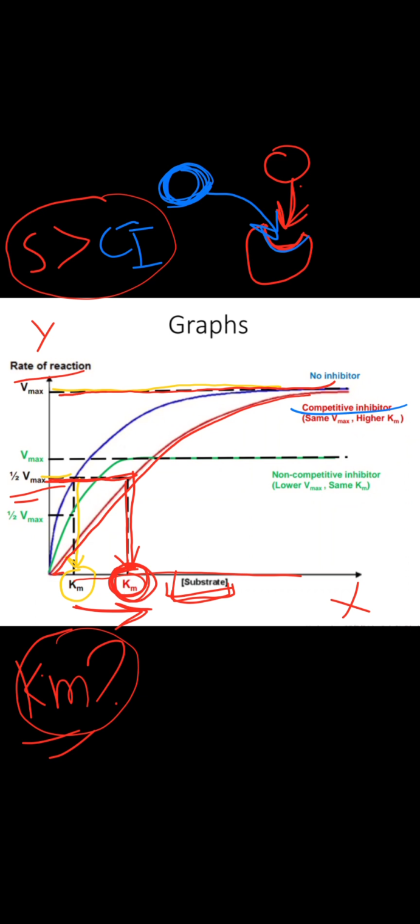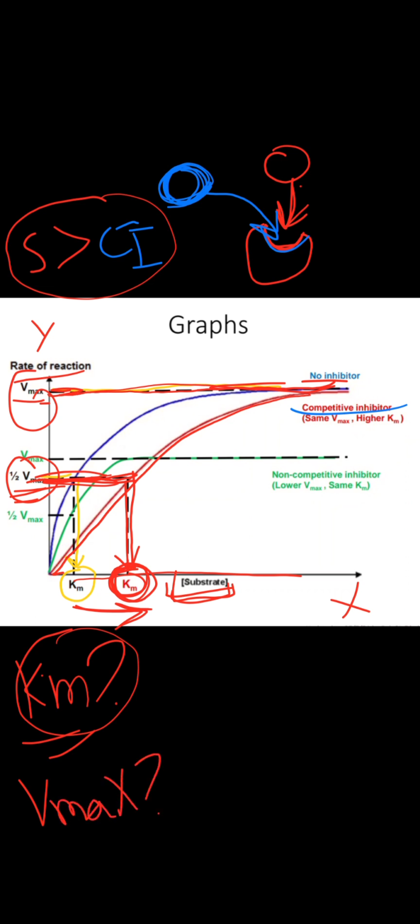And now if we're looking at the Vmax, you can notice that the Vmax and the 1/2 Vmax are the same. The non-inhibitor and the competitive inhibitor both are at the same point. Why? Because what is Vmax?